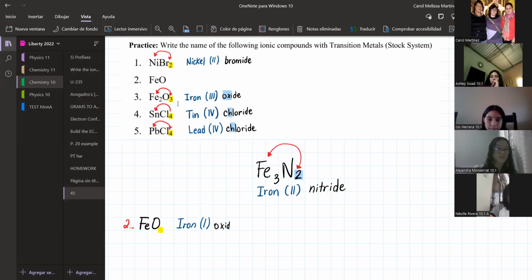Because the 1 is invisible. That will be my guess. If I follow the same idea, this is going to be my guess, because this invisible 1 is coming from iron.